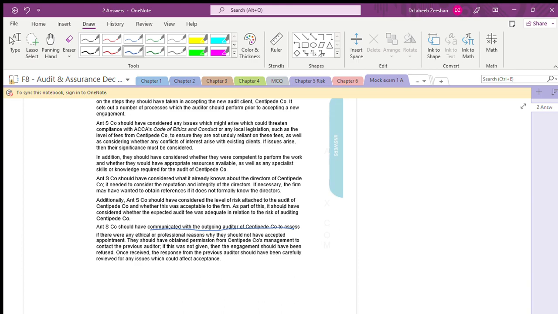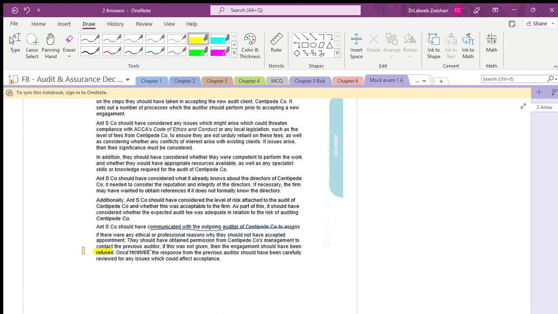They should obtain the permission from Centipede management to contact the previous auditor. With the knowledge of the management, you have to contact. If the management has not given permission, then the engagement should be refused. If the management has said yes, get the permission.